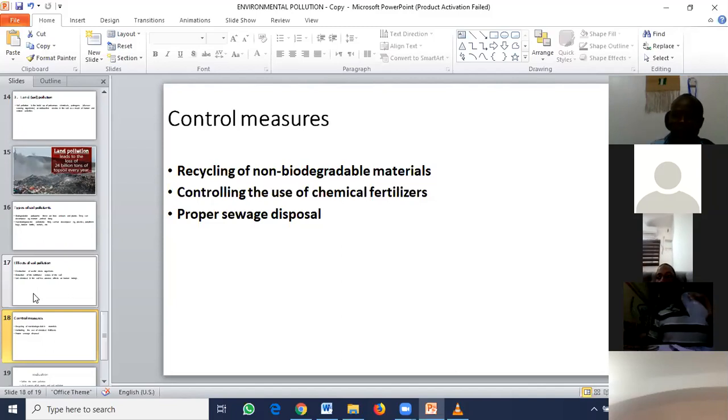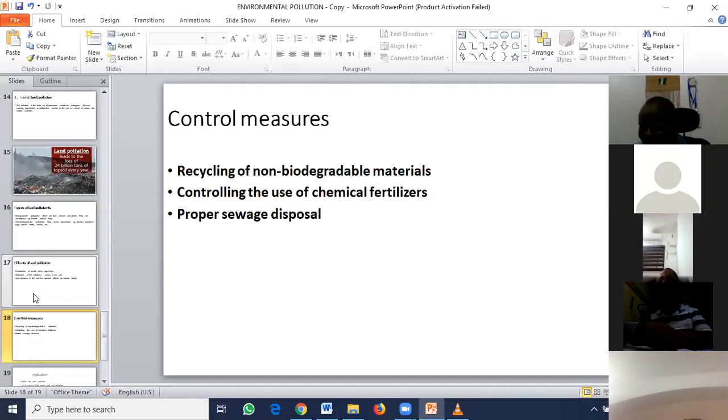For example, if you have a tin of Bonfita, what can you recycle a tin of Bonfita to? What can you convert it to?